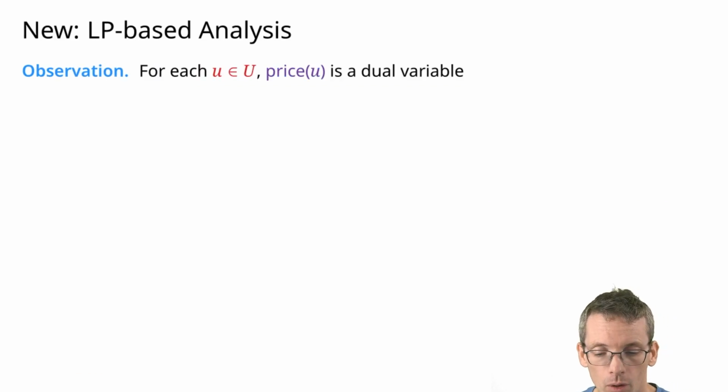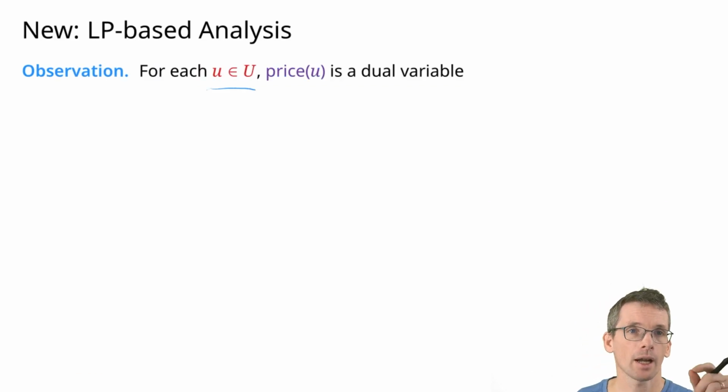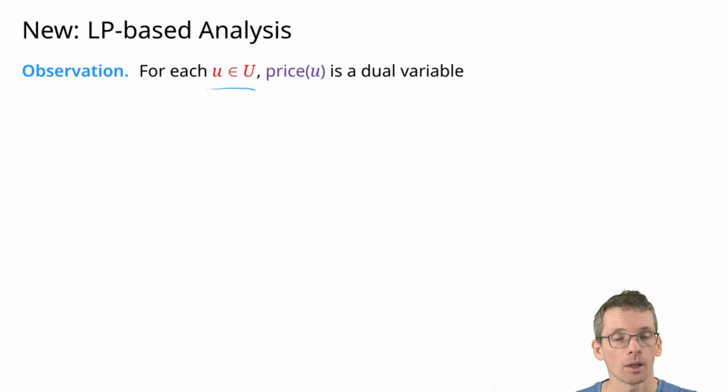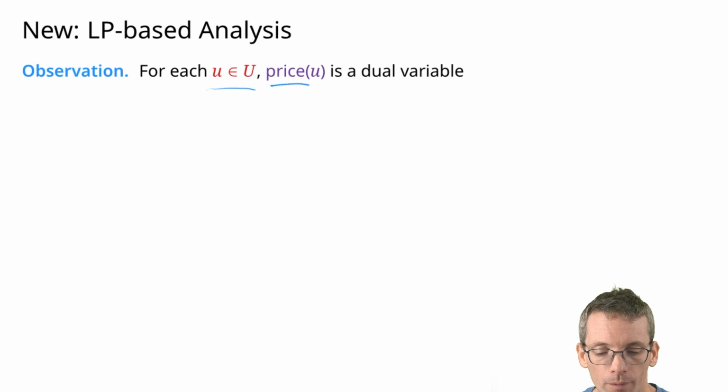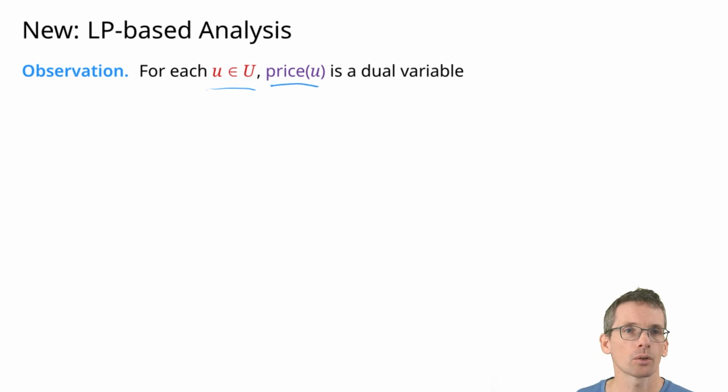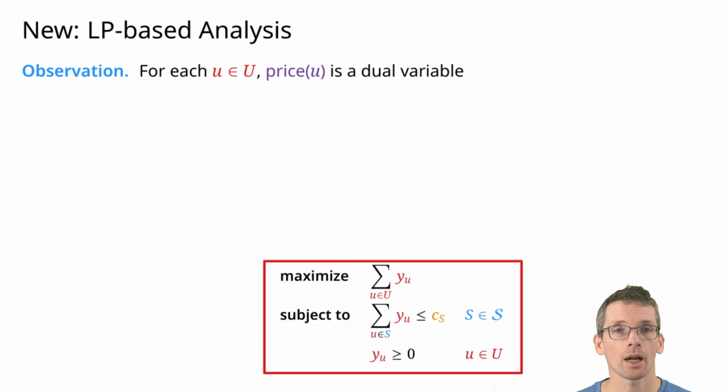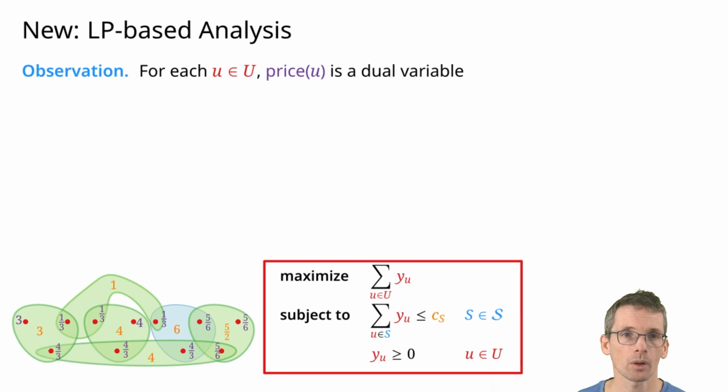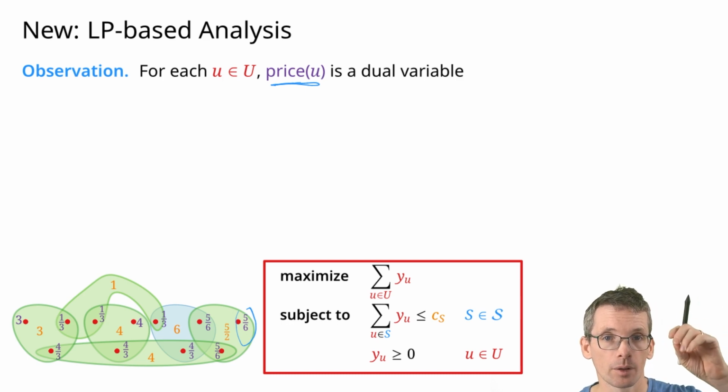So for each of the elements, I have a dual variable, and I'm going to set y_u to the price of u. So here, once more, you have the linear program. This was the solution that we got, and the prices that we have here are the values that I'm going to take for the dual variables.